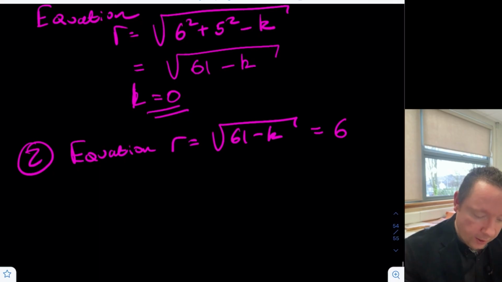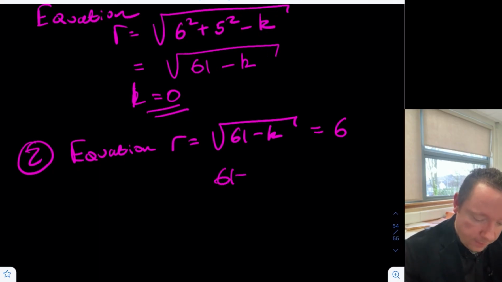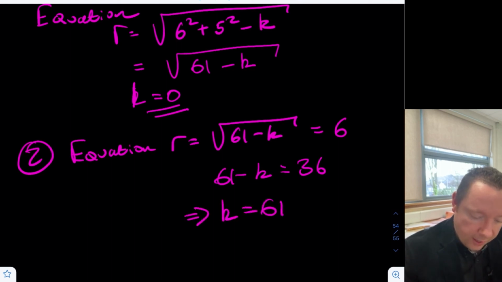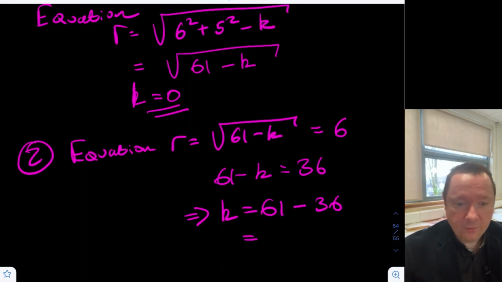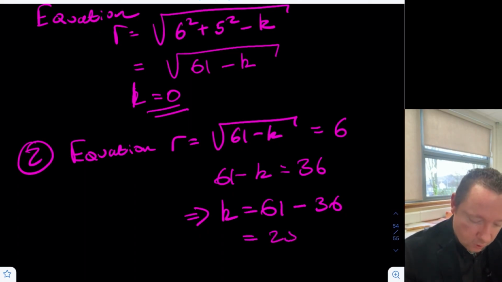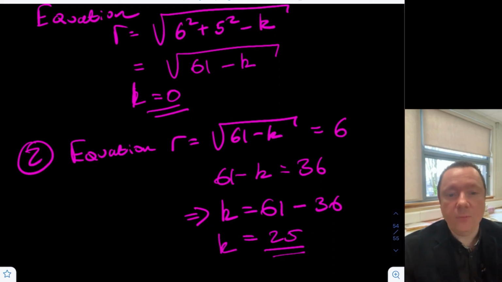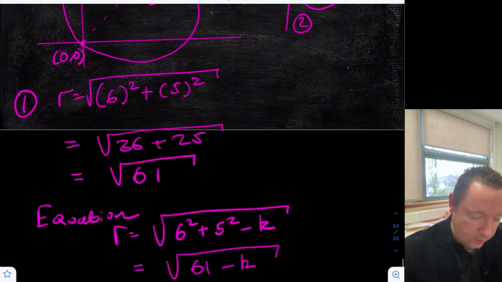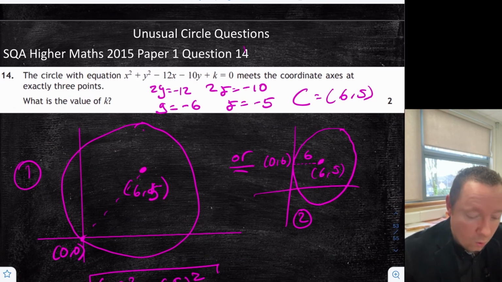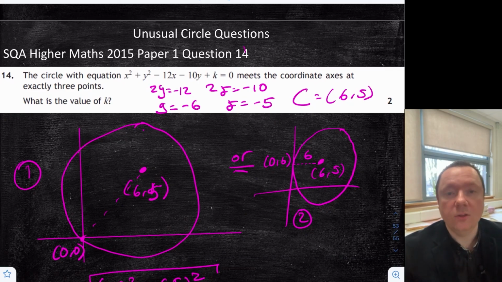Square both sides, we get 61 minus k equals 36. So that means that k equals 61 minus 36, which is 25. So there's our two options for k. K could be 25 or k could be 0, depending on what exactly is happening in this question.